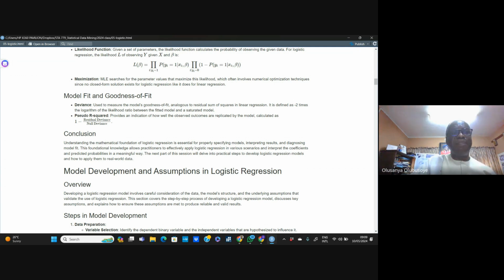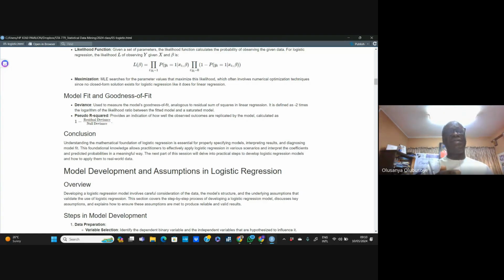The other measure which we use is the pseudo R square. In the linear regression, to evaluate the model performance, we use the R square, right? But in logistic regression, we use the pseudo R square, which is calculated as 1 minus the residual deviance divided by the null deviance. Residual deviance is the one we talked about.